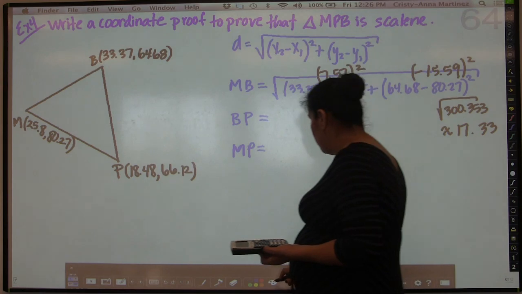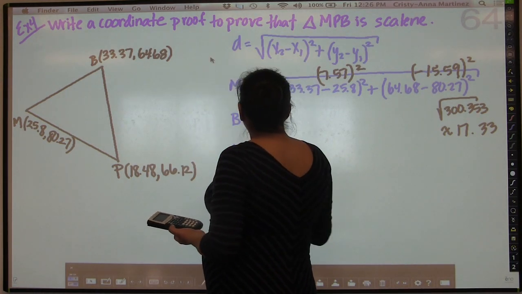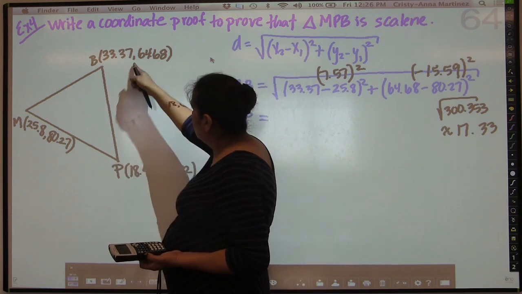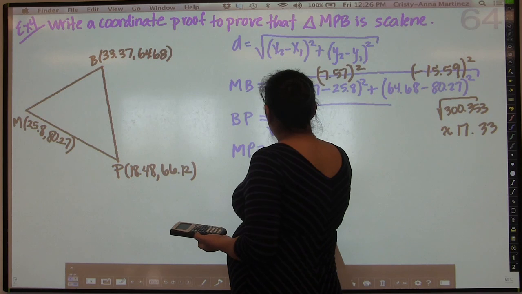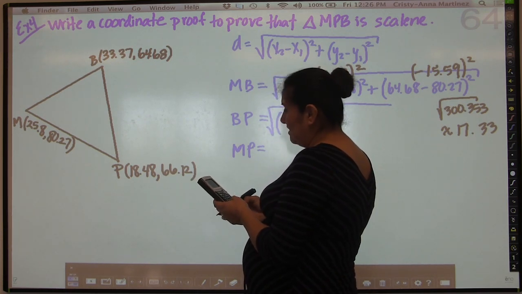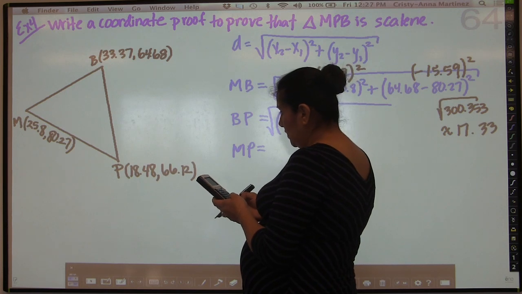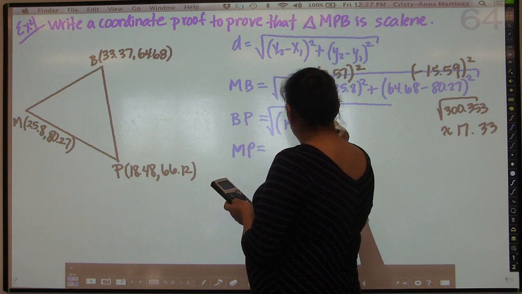Now we do the exact same thing with BP. So with BP, we're going to use these 2 points. So here we go again. This time I'm going to do 33.37 minus 18.48, and that's 14.89 squared.